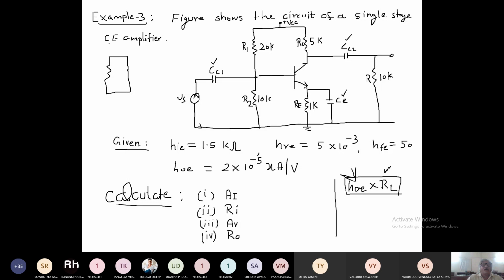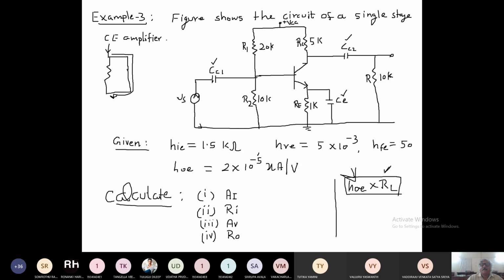If some current is coming from the transistor, it will pass through the short circuit path. So it will bypass this RE resistor, right? That's why this capacitor is called a bypass capacitor. So in the AC model, you will replace RE and CE combination with a short circuit, right?